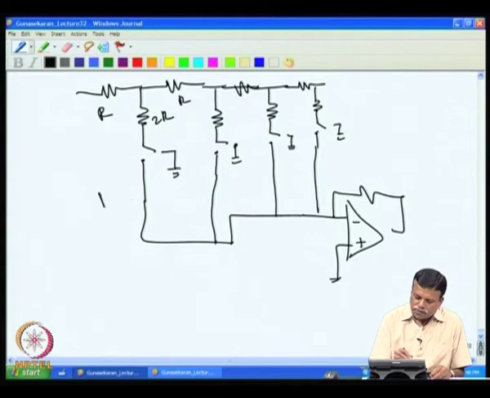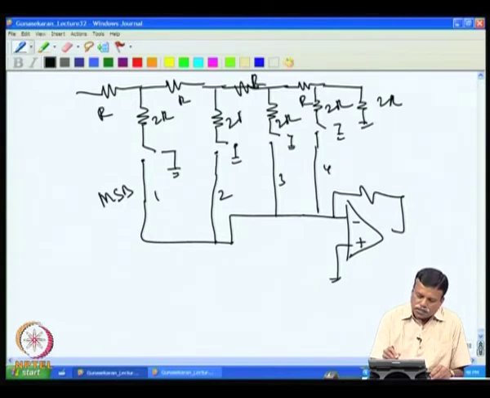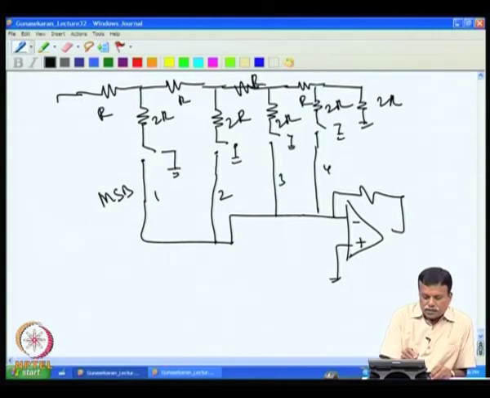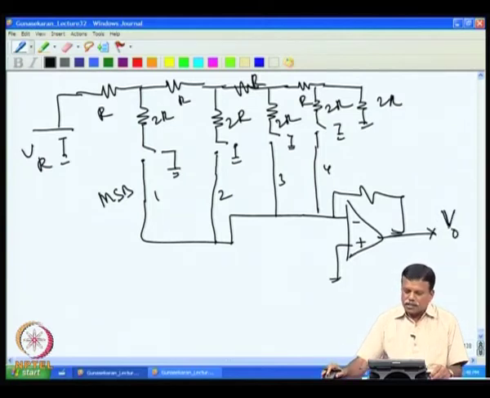So this is MSB, 1, 2, 3, 4 and the last one 2R. So this is 2R and then R and then 2R, R here 2R. Here this is connected to V reference and the output V0 is taken from here.